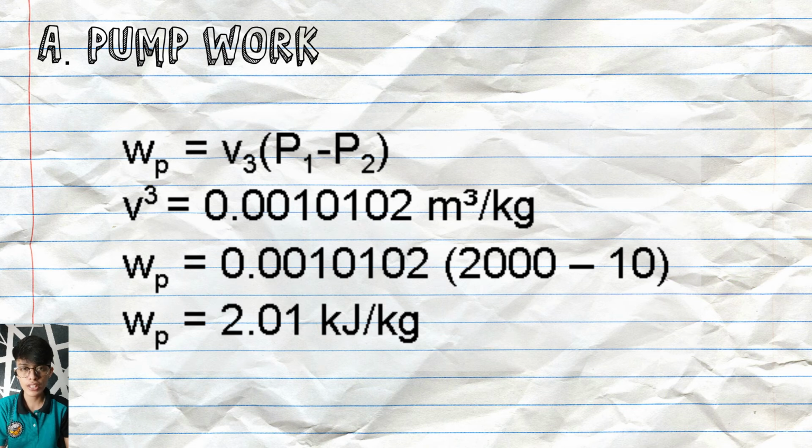Take note that the condition from point 2 to 3 is saturated liquid. Therefore, our specific volume is 0.0010102 m3 per kilogram. Substituting the given to the formula, WP is equal to 0.0010102 times the quantity 2000 minus 10, which is equal to 2.01 kilojoules per kilogram.